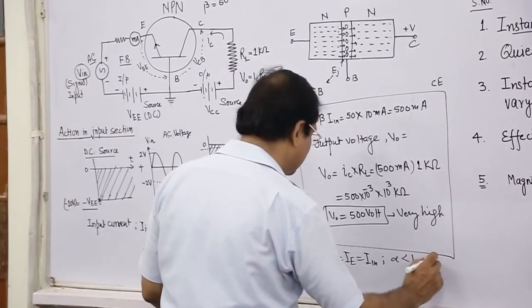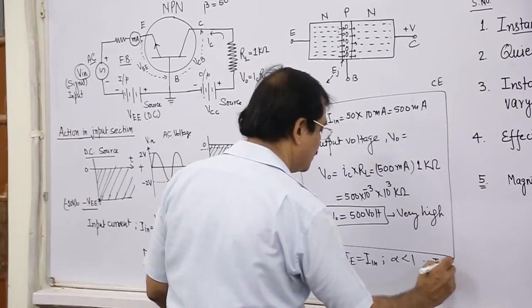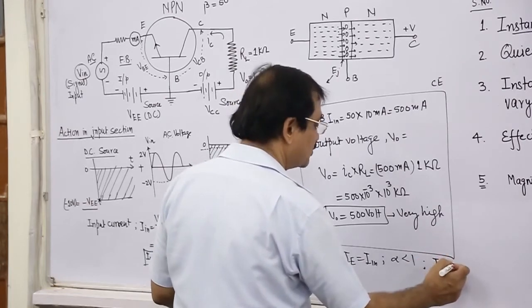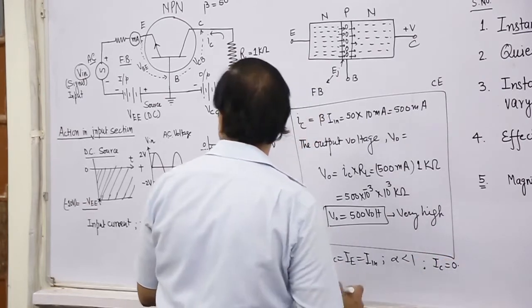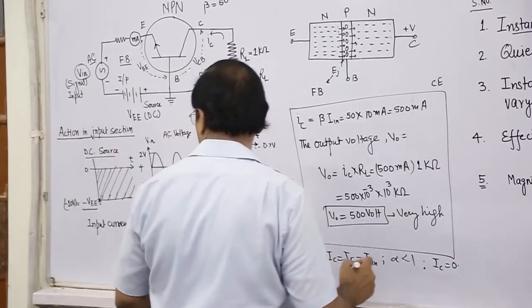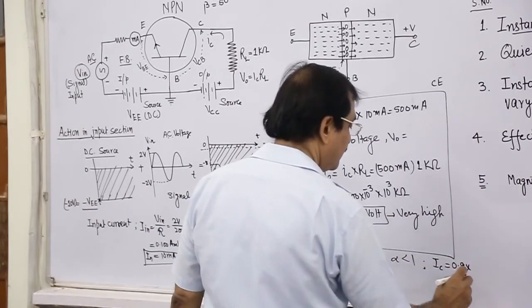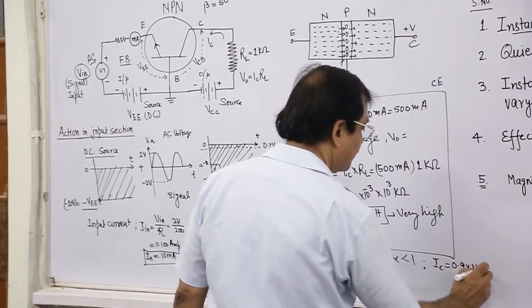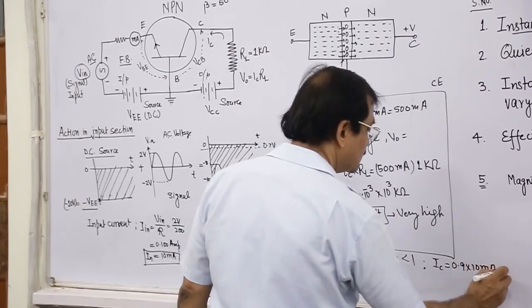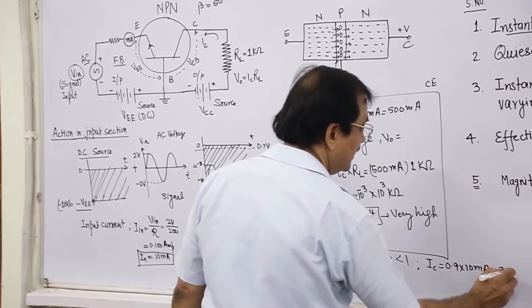So I_C is less than 1 times I_in, say 0.9 multiplied by 10 milliampere, so this is 9 milliampere.